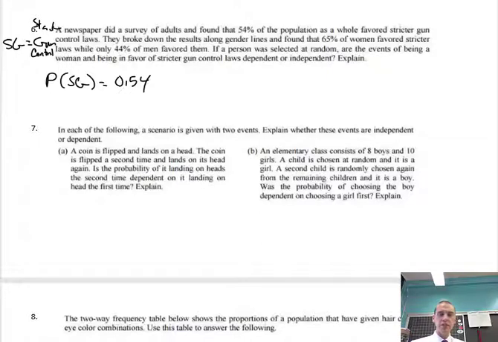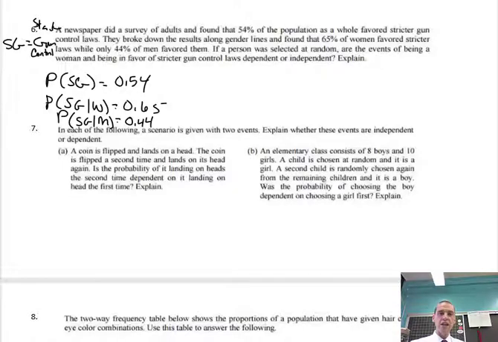Then it says they broke down the results along gender lines and found that 65% of women favored stricter gun control. So the probability of stricter gun control given that you're a woman is 0.65, and the probability of stricter gun control given you're a male is 0.44.